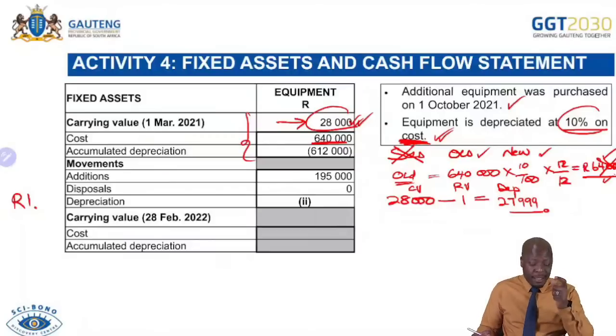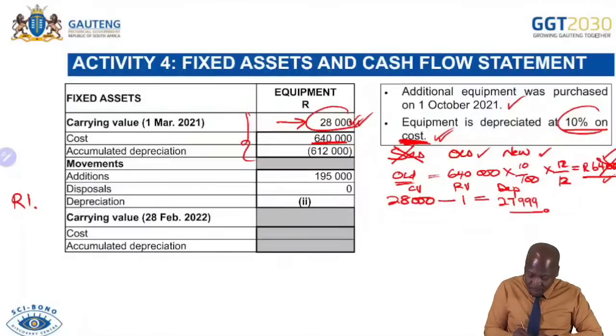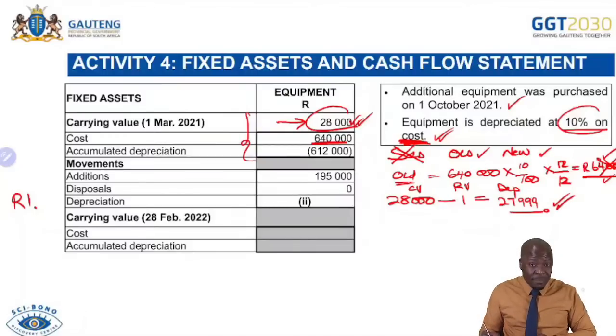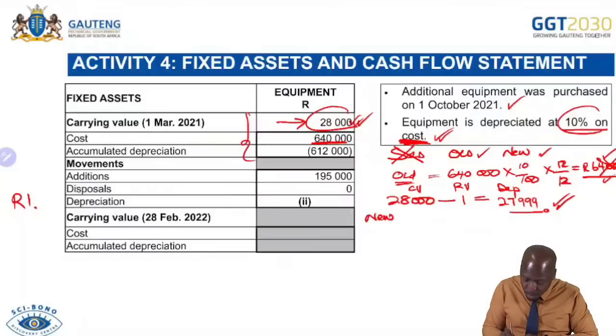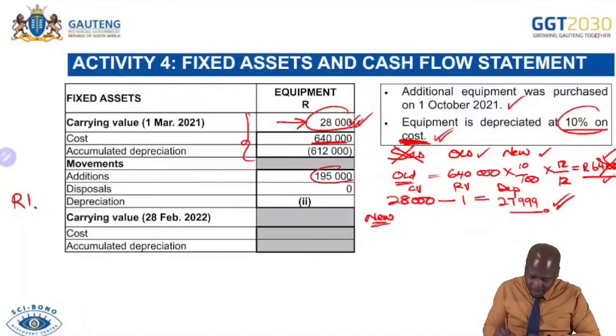It's most likely that it has now reached the 1 Rand residual value. So my depreciation for the old becomes 27,999. Let's see if we have depreciation for the new. We are told additional equipment was purchased. Where is that? Oh, there it is, 195,000.